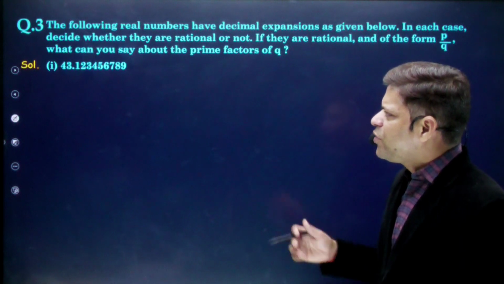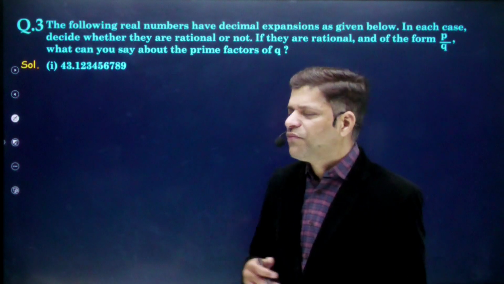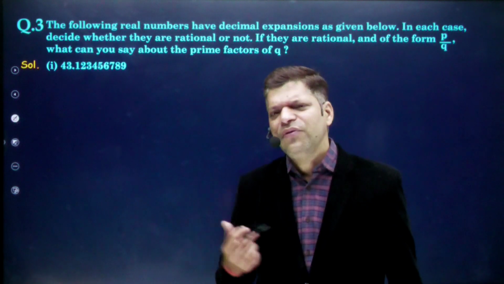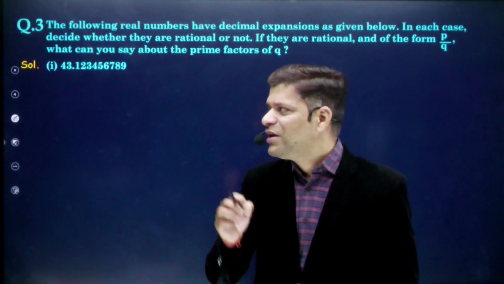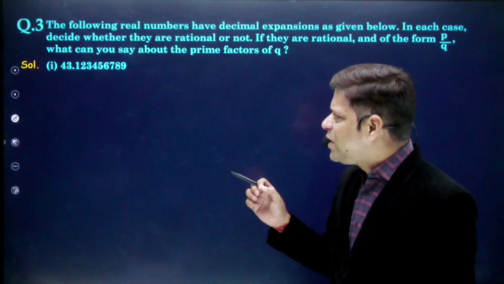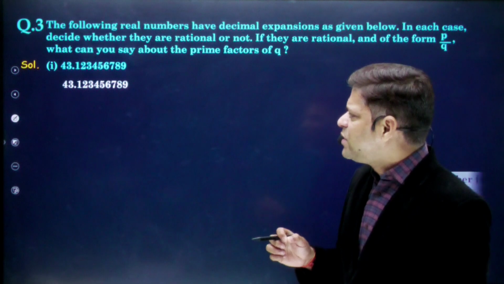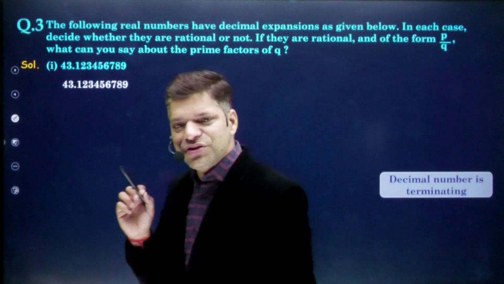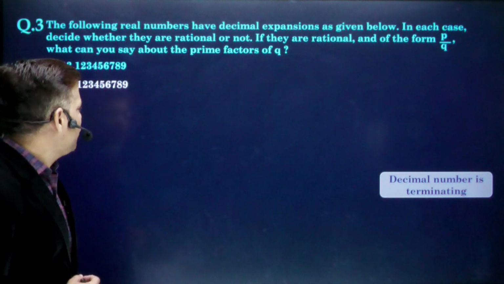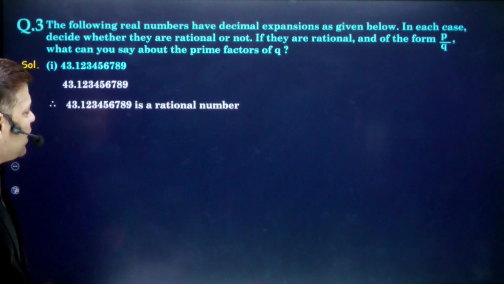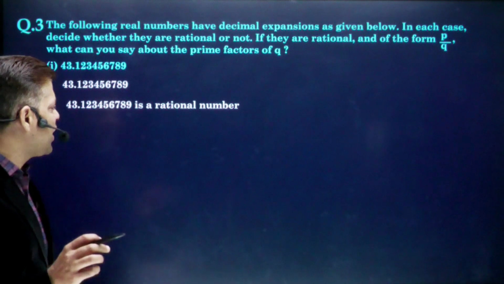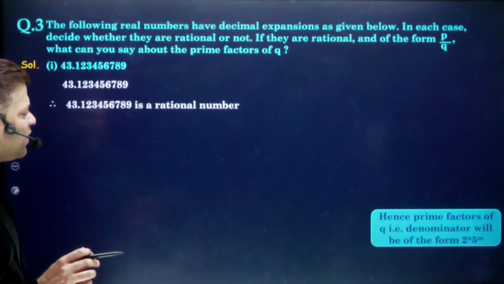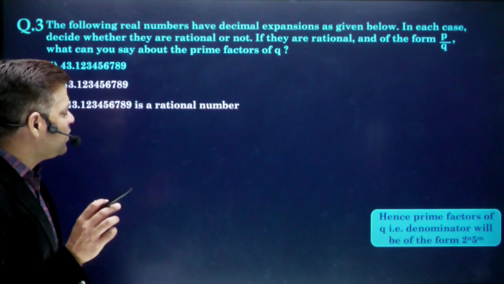The number 1 given is 43.123456789. Here we can see that this is a terminating decimal expansion. So it is a rational number. Firstly we conclude that it is a rational number because it has a terminating decimal expansion.